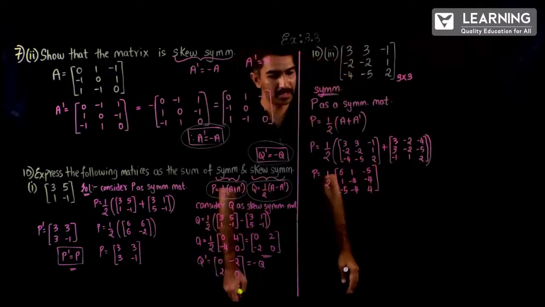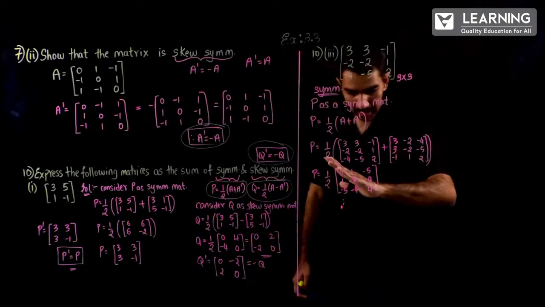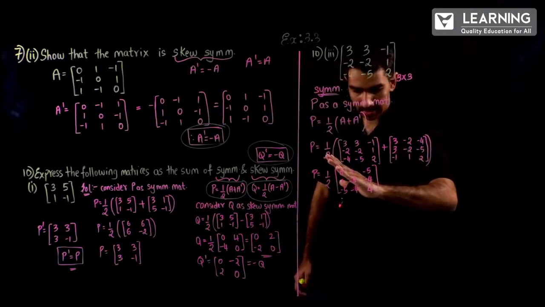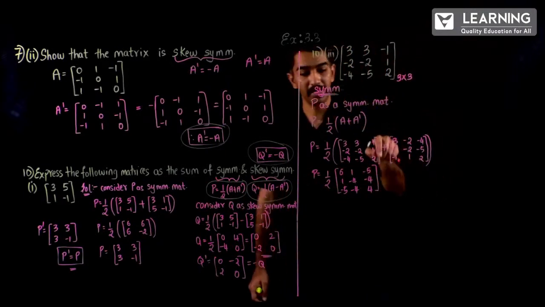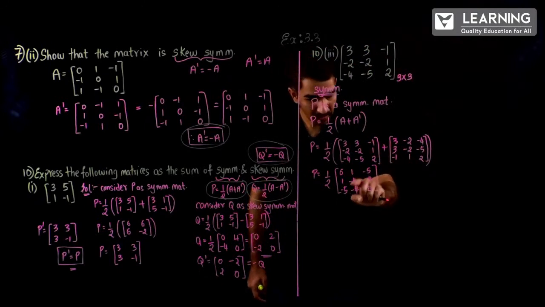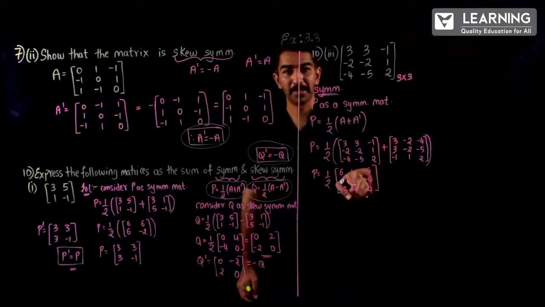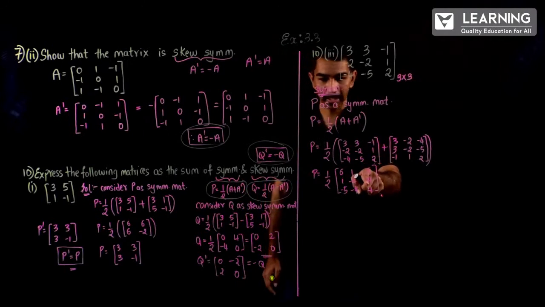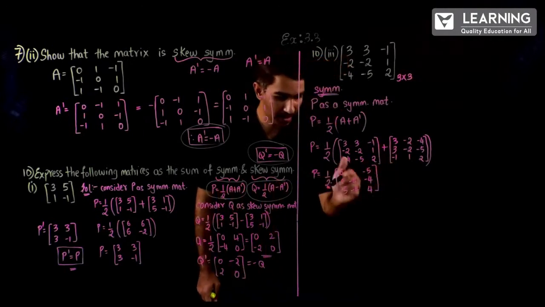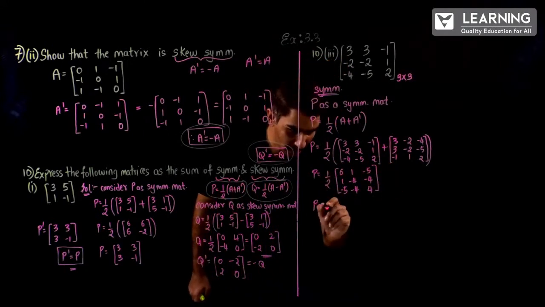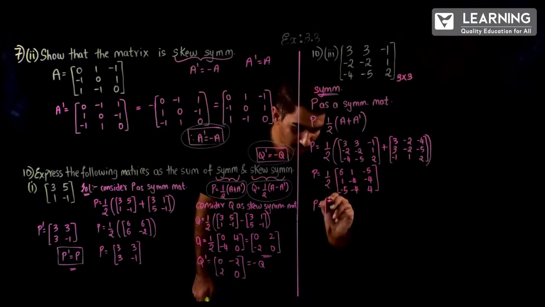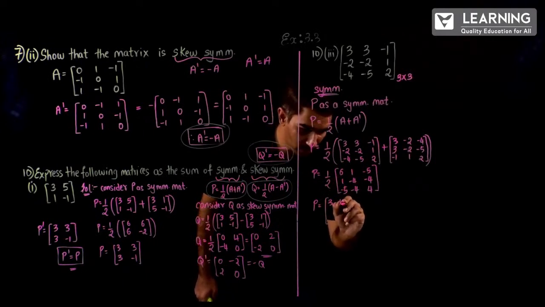Is this a symmetric matrix? Ignore the principal diagonal, which means leave this line. Okay, leave this diagonal. Principal diagonal is nothing but AII. Other elements are mirror images of each other? Yes, they are mirror images of each other. Just by looking we can tell, right? So therefore, we'll just scalar multiply this inside. What we'll be getting? P equals 6 by 2 is 3, 1 by 2 is 1 by 2 only.